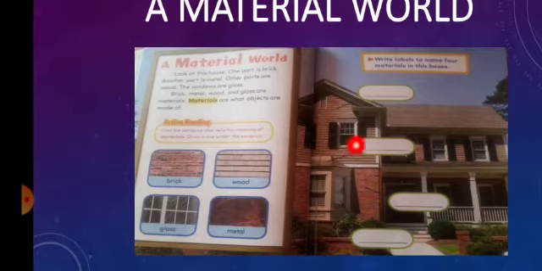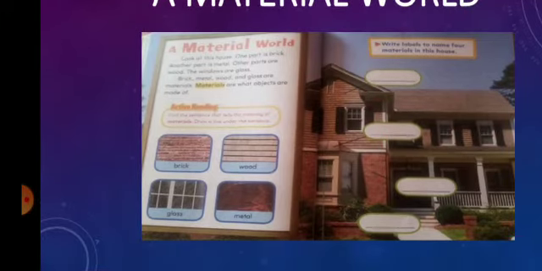And this is wood, this is metal, and this is glass. All of those are materials. Those materials go together to make this house, or to make this object. So this house is an object including many parts, and each part is a material.